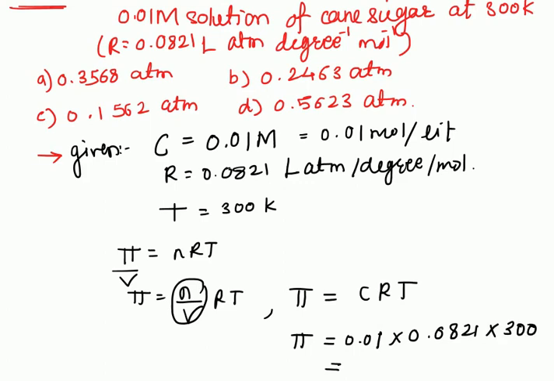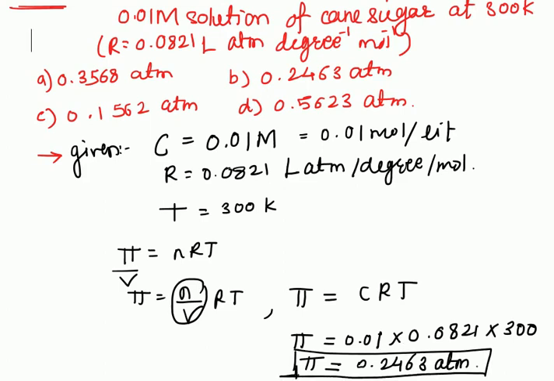If we solve this, 0.01 into 0.0821 into 300, we get 0.2463 atmosphere. The osmotic pressure of the cane sugar solution is equal to 0.2463 atmosphere. So option B is correct here. Option B is correct.